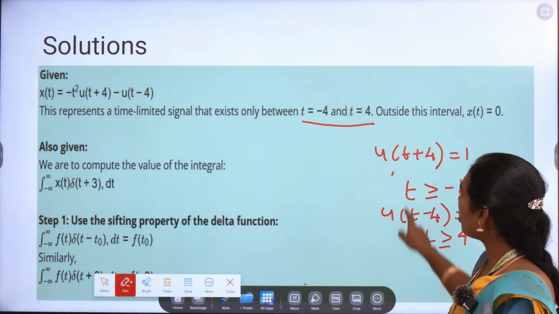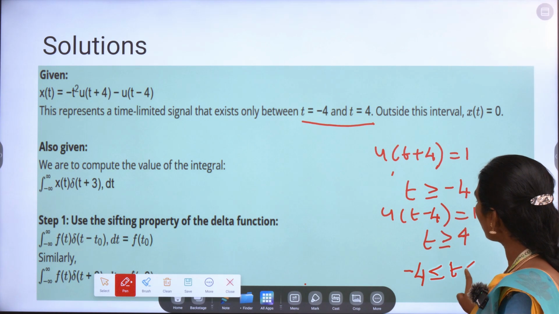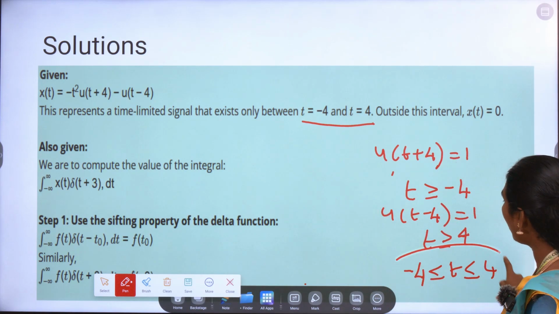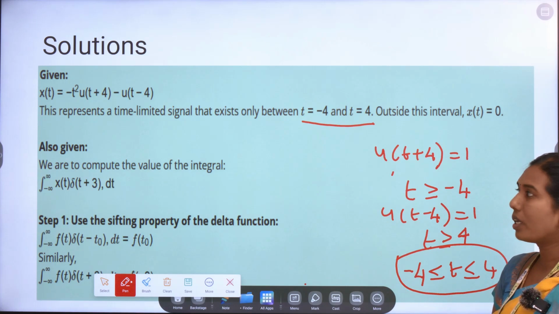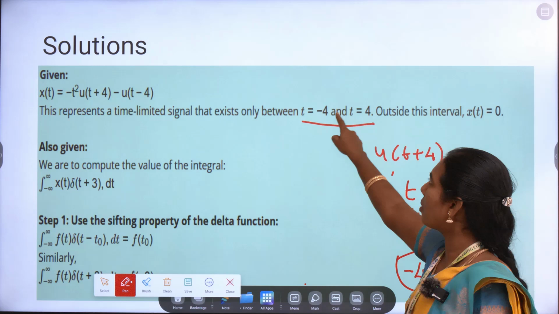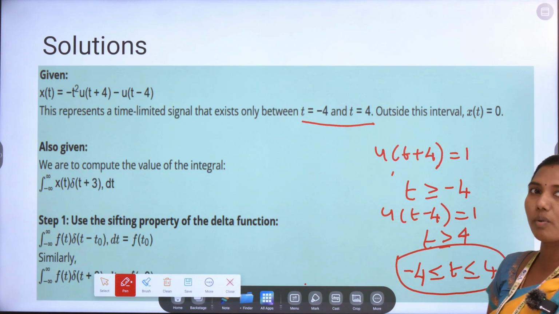So this signal exists only in the range from minus 4 to plus 4, otherwise it is equal to 0.